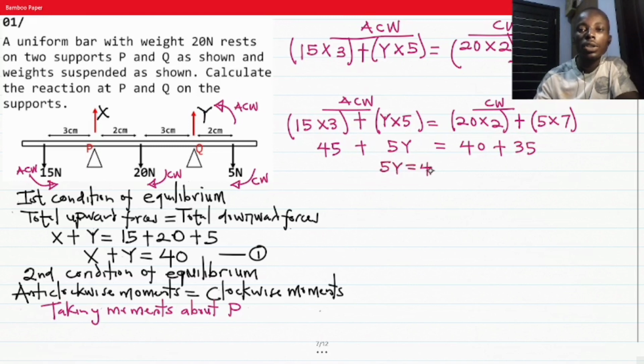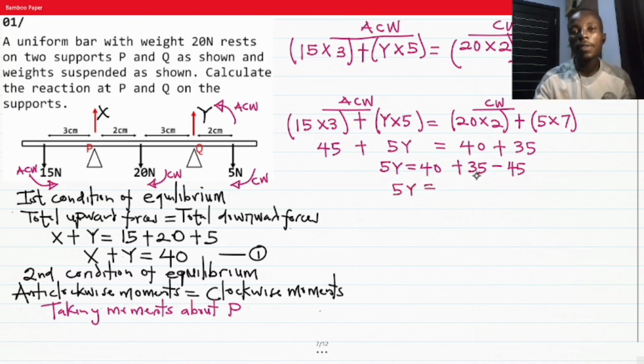equals to 40 plus 35 minus 45. So I have 5y equals to 40 plus 35 will give me 75, minus 45, that will give me 30. So y is 30 divided by 5, and y is equal to 6 Newton.